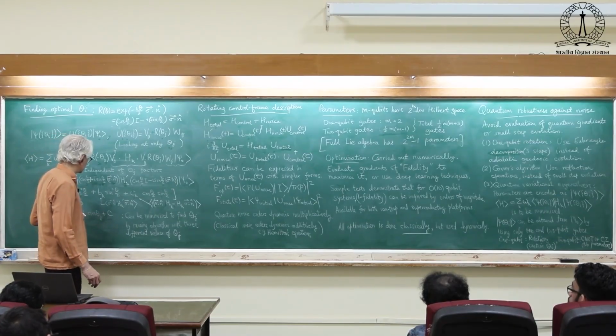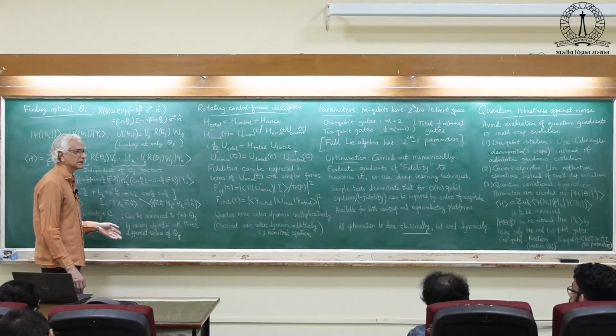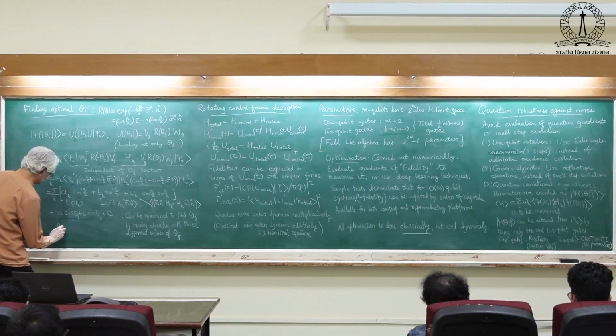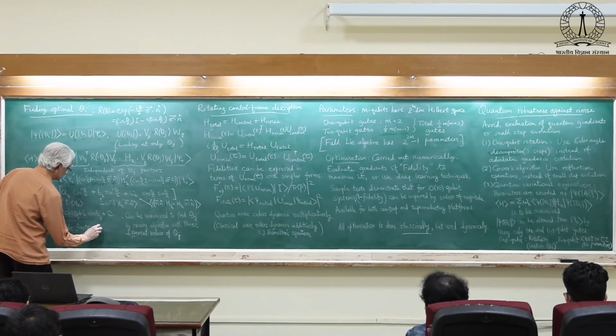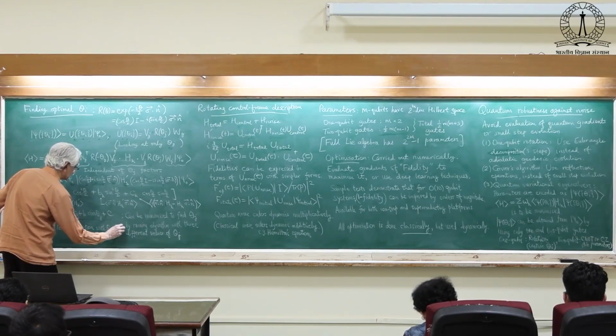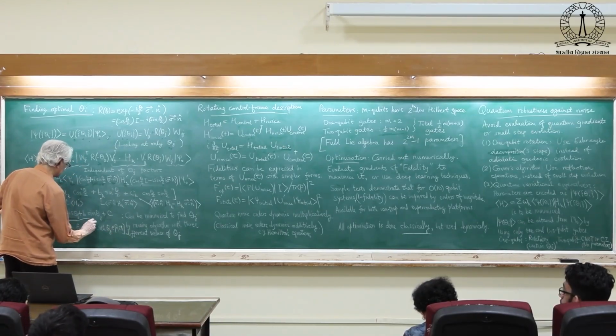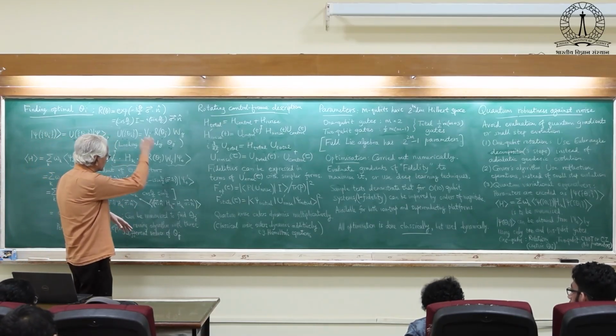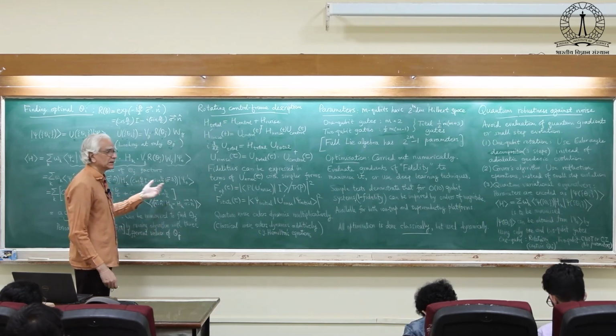Because it's a simple trigonometric function with periodicity 2 pi, I can always find where the minimum is. It's a simple sinusoid. If I know the coefficients, I can completely determine it.